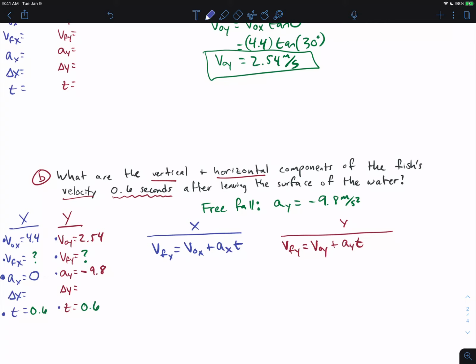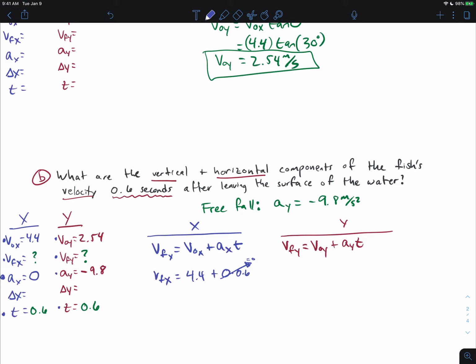Let's go ahead and plug in everything that we know here. So VF in my x direction is equal to my initial velocity, which was 4.4 meters per second, plus my acceleration, which is 0, times time, which is 0.6. So this whole thing right here is equal to 0.